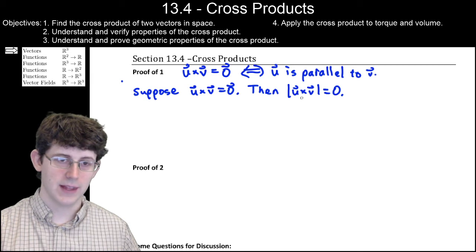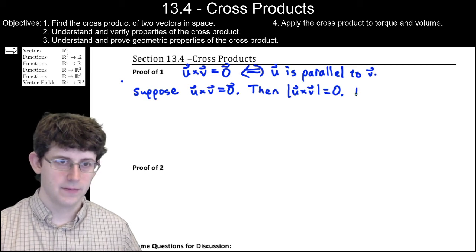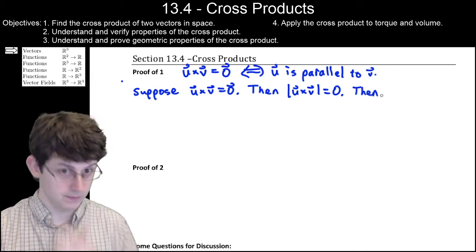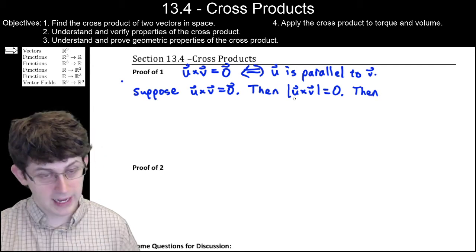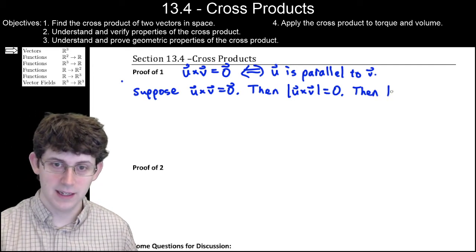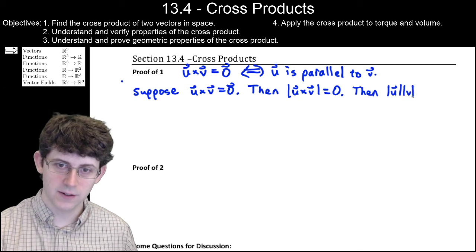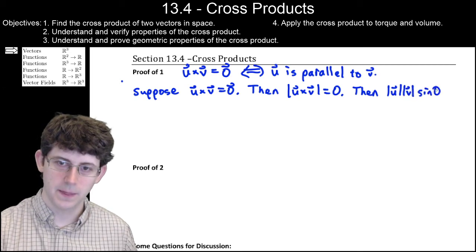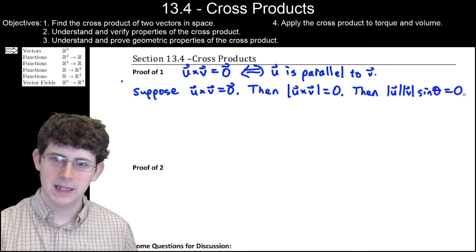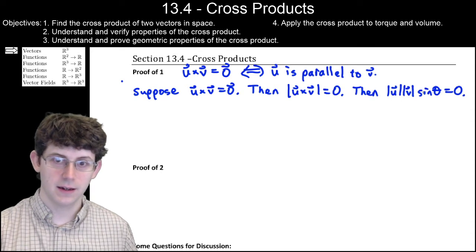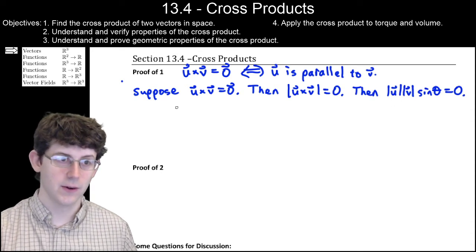Well, how can that happen? We know that the magnitude of U cross V is magnitude of U, magnitude of V, sine theta, which means that one of these three components must equal 0.